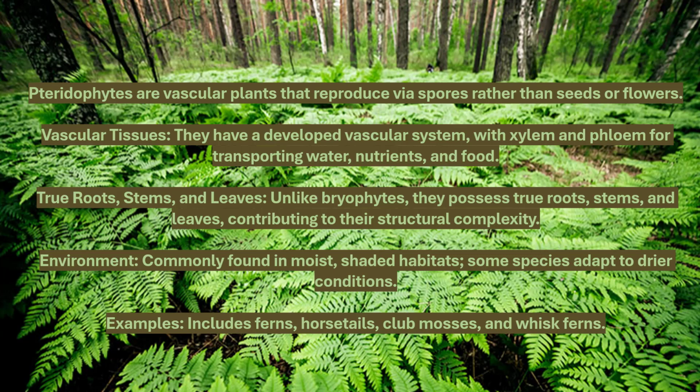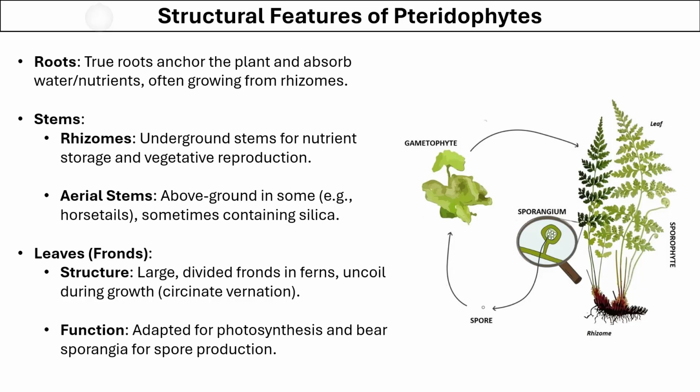Pteridophytes also have true roots, stem, and leaves, unlike bryophytes. These plants are commonly found in moist and shady habitats. Common examples of pteridophytes are ferns, horsetails, club mosses, and whisk ferns.